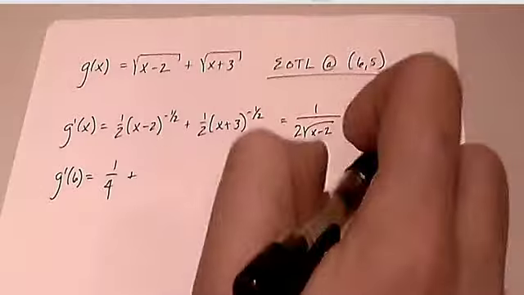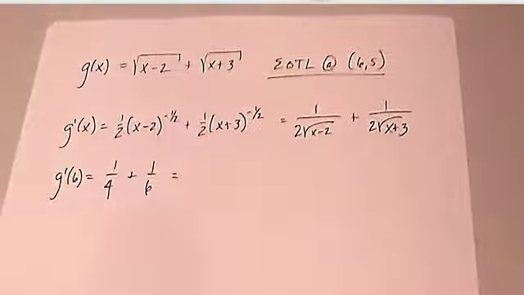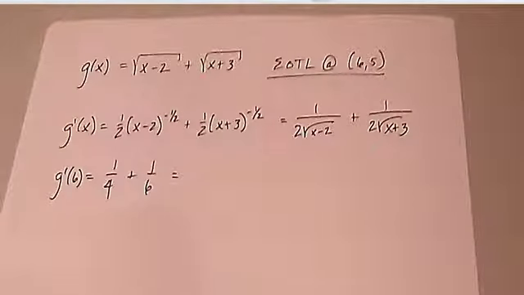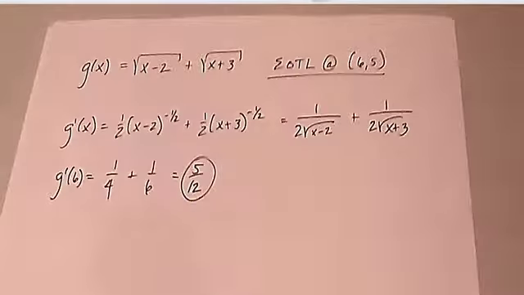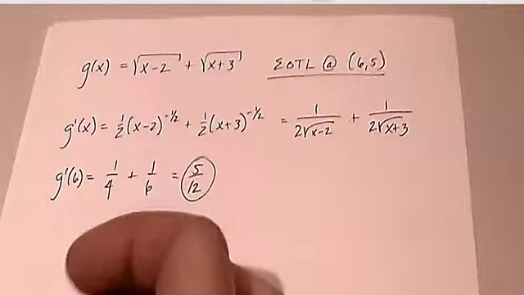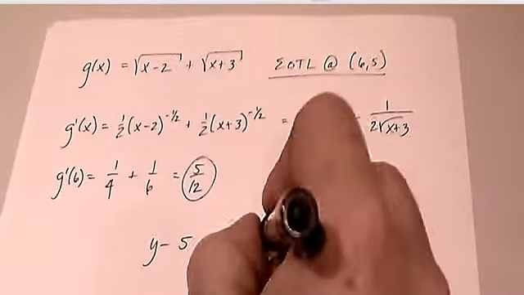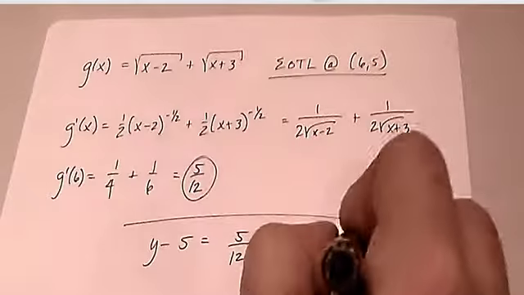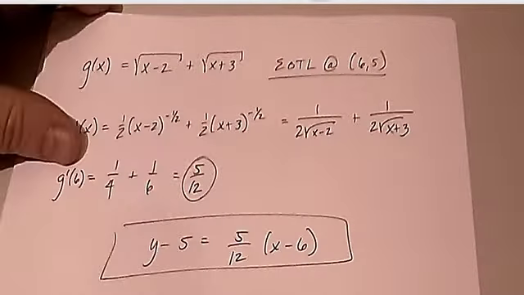And then, of course, when you plug it into here, you're going to get 1/6. 1/4 plus 1/6, obviously they have a common denominator, a least common multiple of 12. So that's 3/12 and 2/12, so 5/12. There's your slope. There's your point, okay? And so y minus 5 is equal to 5/12 times x minus 6. That is point slope, your equation of your tangent line, okay?